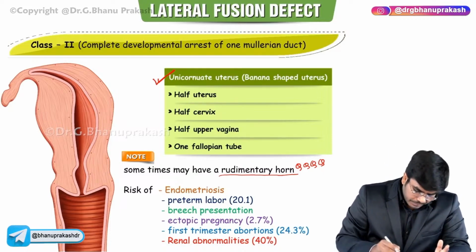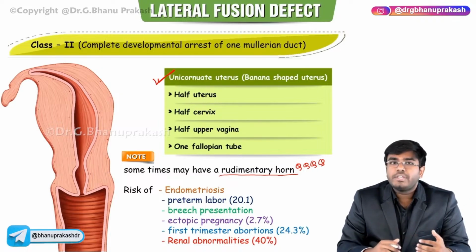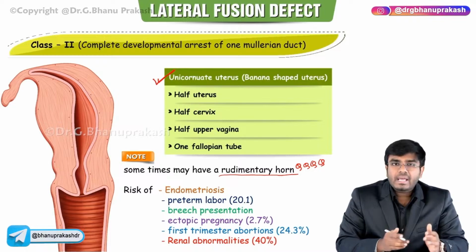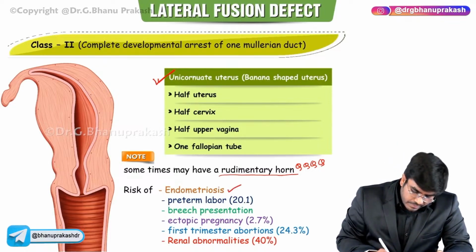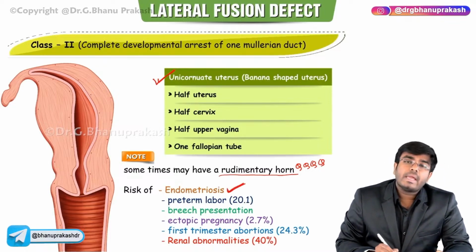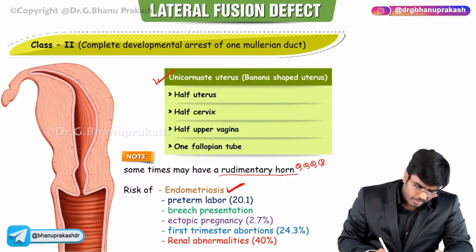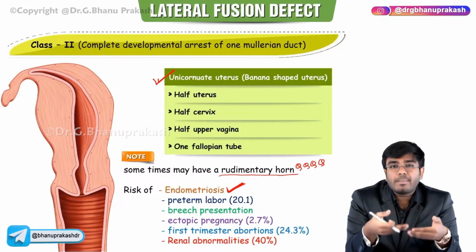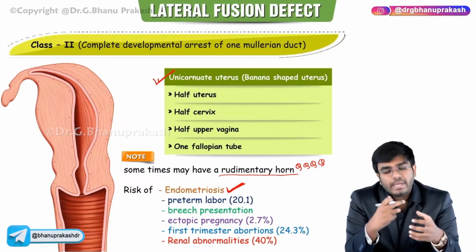Now, having such a unicornuate uterus, or the banana-shaped uterine cavity, will be a risk for developing endometriosis. Why? Because this uterus may cause menstrual regurgitation, which may cause endometriosis.